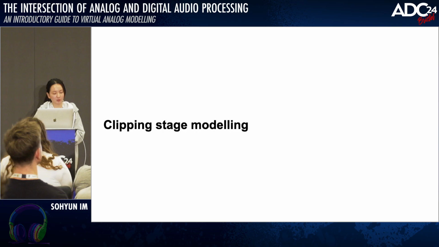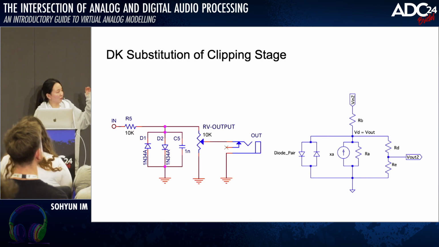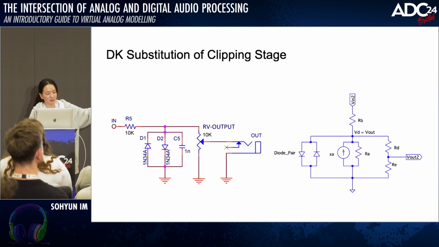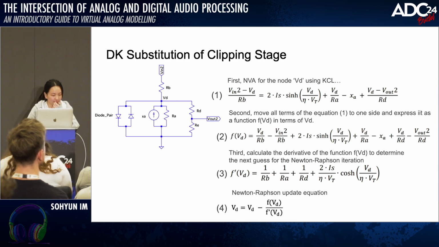For the clipping stage modeling, I also did the decay substitution circuit, substituting just one capacitor with one resistor and one reversed direction current source. First, we use nodal voltage analysis for the node VD using KCL.